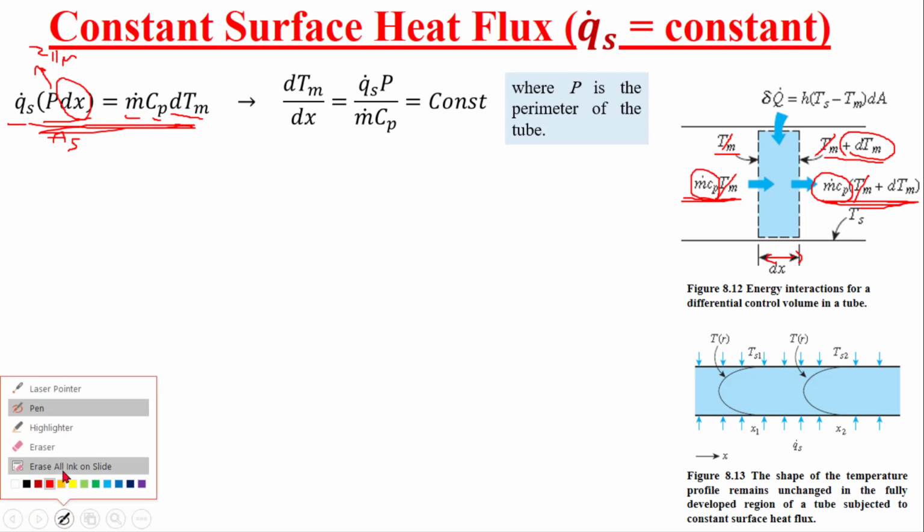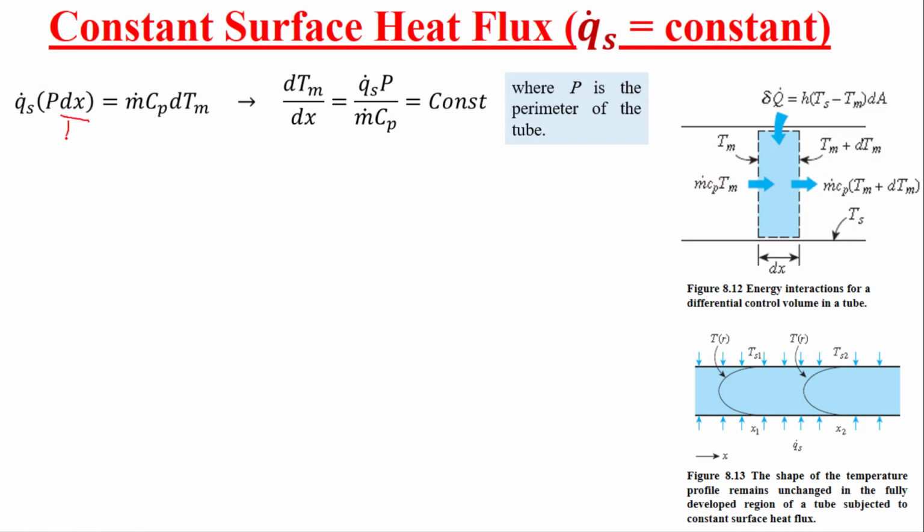Rearrange this equation by dividing both sides by delta x, so the delta x here will cancel out. And divide again by m dot Cv, so this will cancel out with this one. So we end up with delta Tm by delta x equal to q dot s multiplied by the perimeter, divided by m dot, divided by Cv.